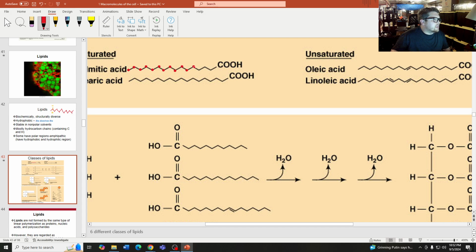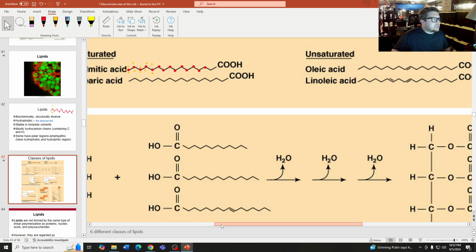That means it's fully saturated with hydrogen. So off of every single one of these carbons, there's enough hydrogen to make it the appropriate number of electrons. So like this one here at the end has 3 hydrogens. This one has 2 hydrogens. This one has 2 hydrogens, 2 hydrogens, and so on and so forth.